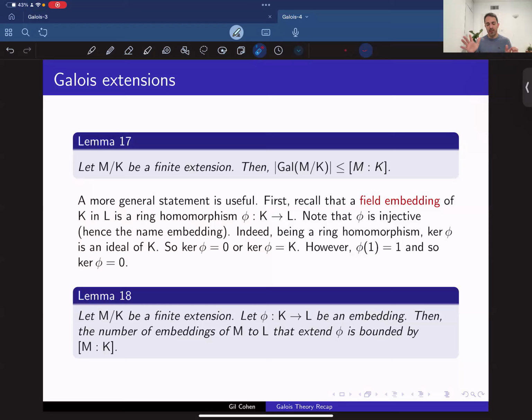In some communities you don't do it, but we do it. We specify that initially: the ring homomorphism sends the units to the units. And so this means that the kernel cannot be everything, because there's something that doesn't go to 0. So the only option left is that the kernel is 0, which means that this is an injective map. Okay, so that's that. So when I say field embedding, I really mean any ring homomorphism from this field to that ring or field.